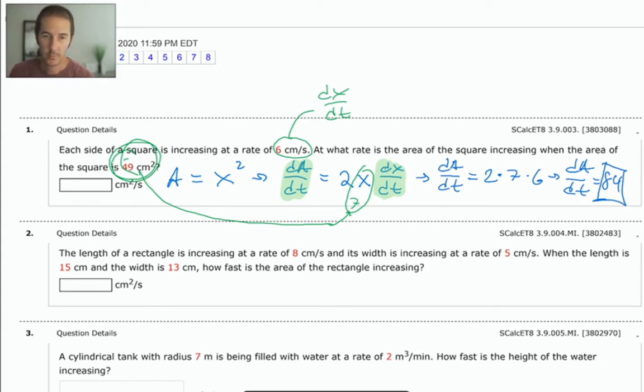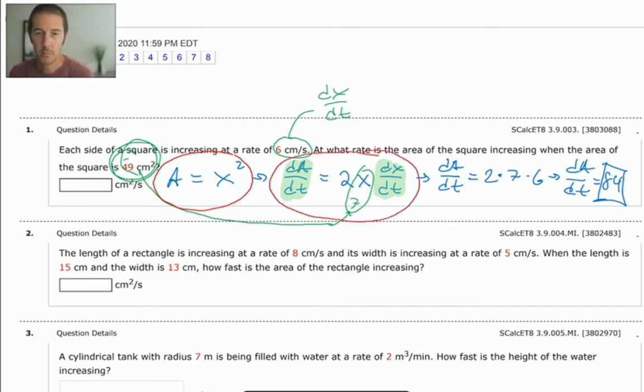So did it work? Did my strategy work? I wrote down an equation that describes the scenario. We were talking about the area of a square as defined by its side length. And then I didn't even finish reading the question. I knew that it was with respect to time because it said 6 centimeters per second, so I took the derivative with respect to time.